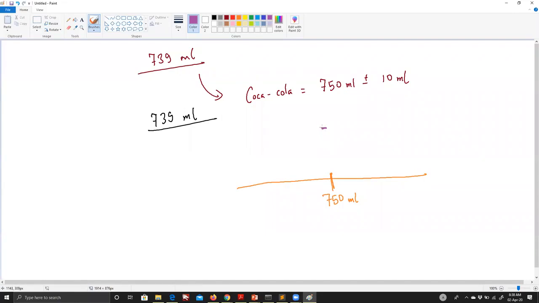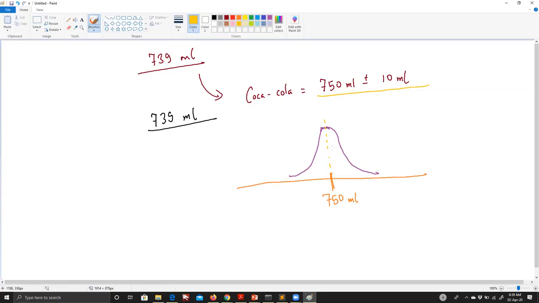It's very hard to measure exactly, but the machine will take care of dropping 750 ml, but let's say there is some variation. I've tried to draw a Gaussian. So the idea is most of the bottles would have around 750 ml plus minus some. Let's say Coca-Cola is claiming 750 ml plus minus 10 ml.